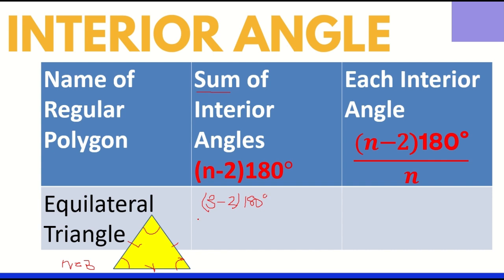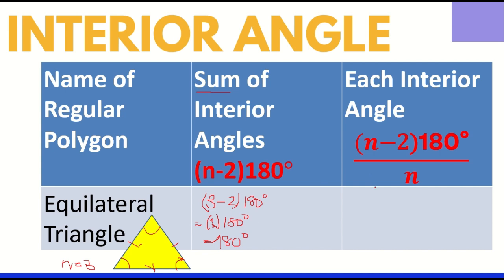That is equal to, what is 3 minus 2? That is 1. 1 times 180 degrees, and that is equal to 180 degrees. Thus the sum of the interior angles of equilateral triangle is equal to 180 degrees.